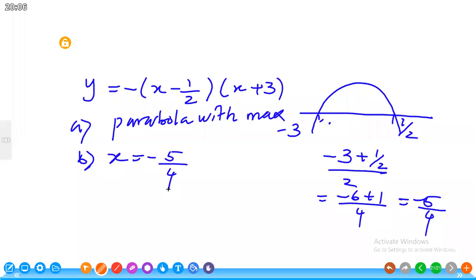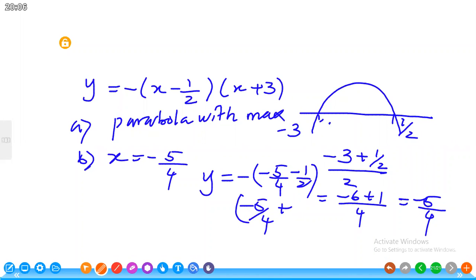How to find it? Here you have to substitute this value in this equation, right? y is equal to the equation when we substitute minus 5 by 4. Here x is equal to minus 5 by 4, minus half, and also minus 5 by 4, plus 3.